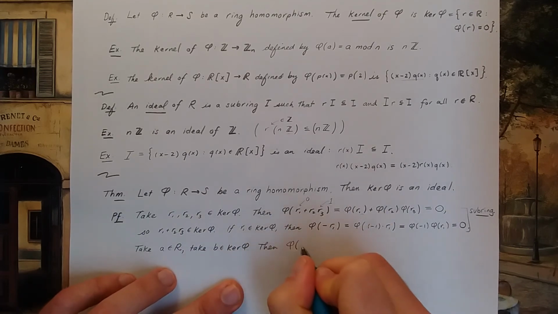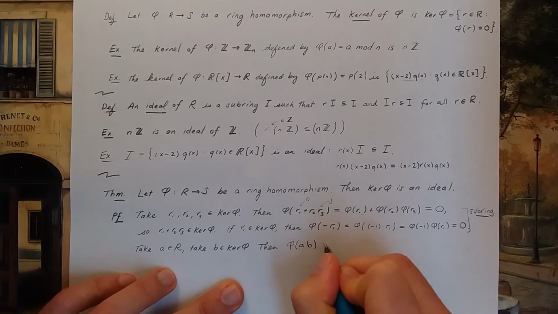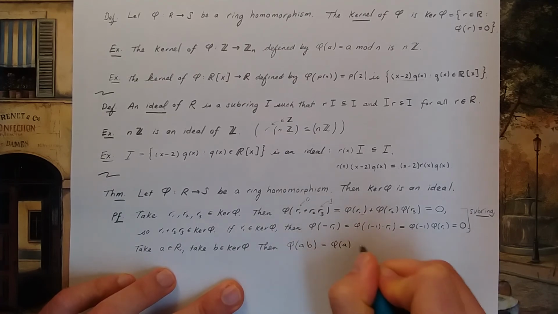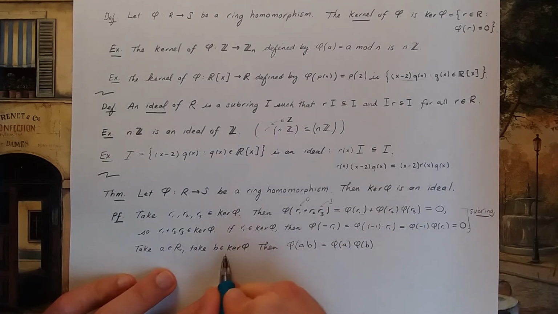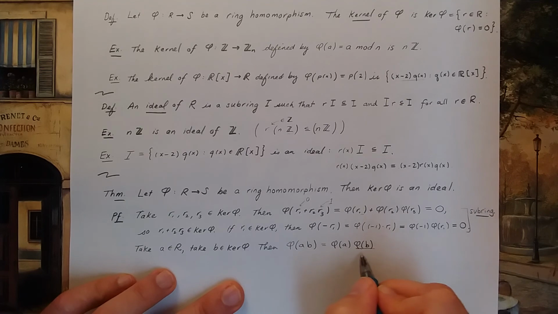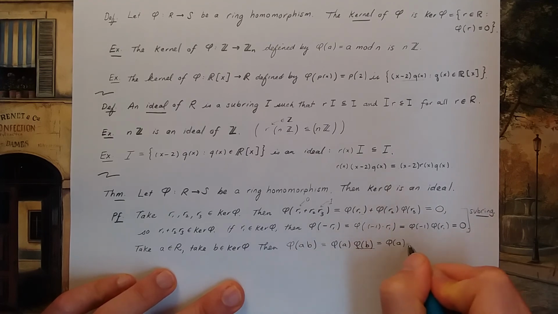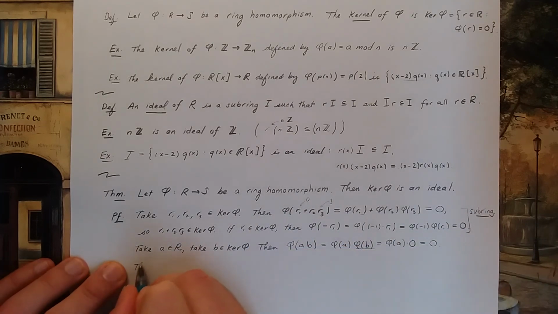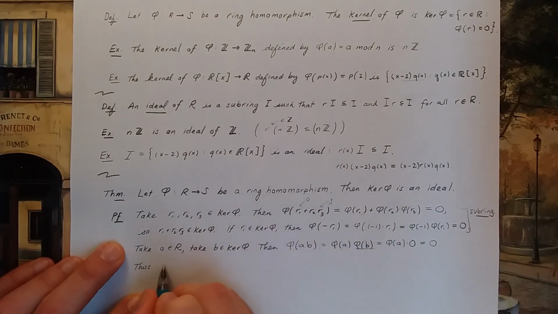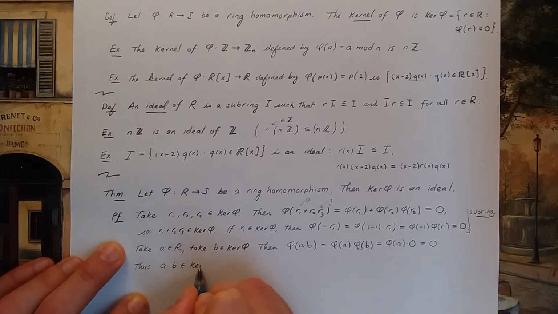Then phi of ab is phi of a times phi of b. b is in the kernel, so phi of b is 0. So this gives me phi of a times 0, which I think we proved in a previous video. Anything times 0 is 0. This proves that a times b is in the kernel of phi.